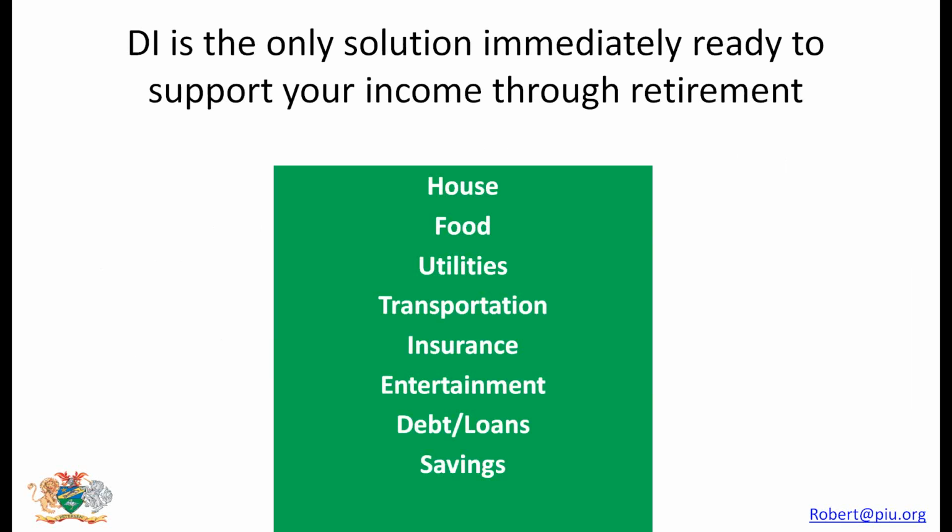So disability insurance, or income protection, is truly the only solution that can immediately be ready to support your income, and most importantly, through retirement age. So getting a policy that pays out to age 65, 67, or 70. If it's a lifetime disablement, you are worry-free all the way until that age.